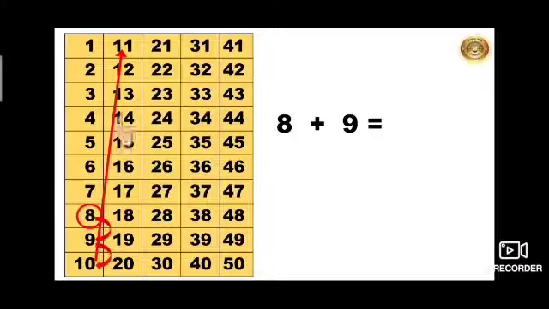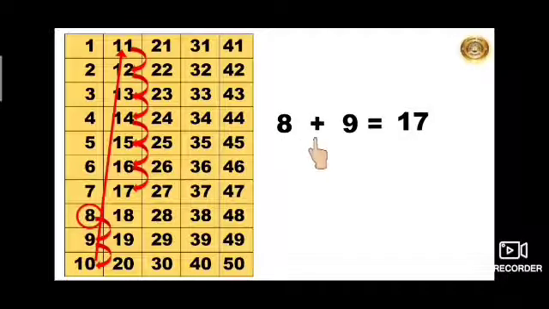So 3, 4, 5, 6, 7, 8 and 9. The answer we got here is 17.